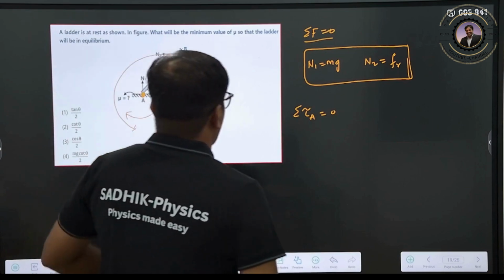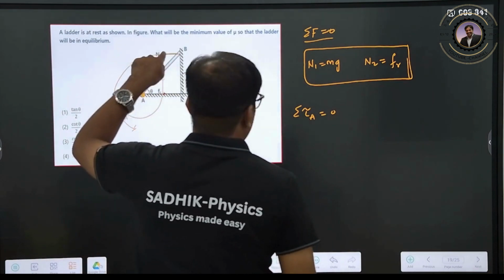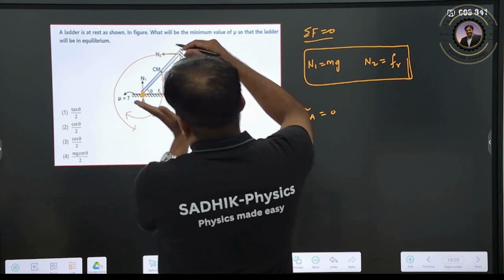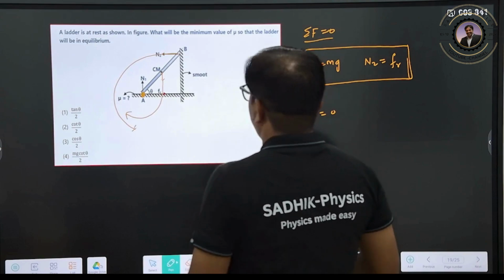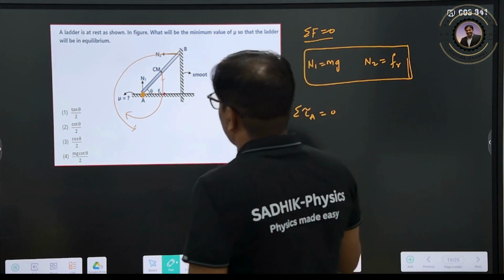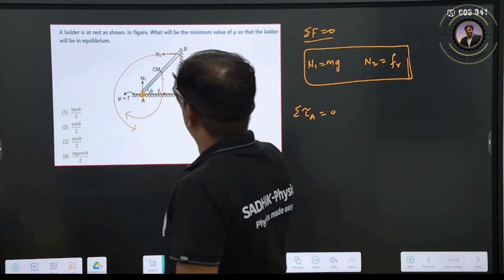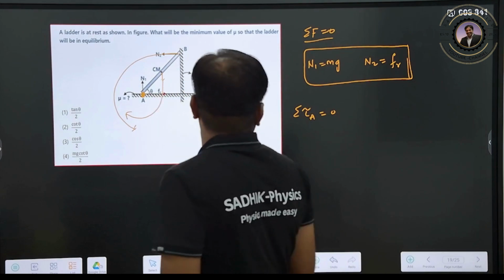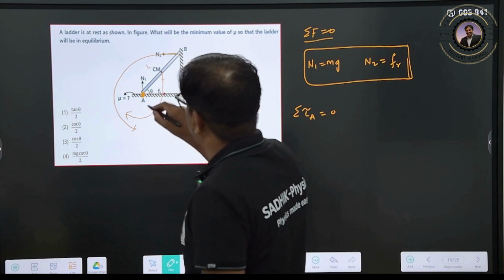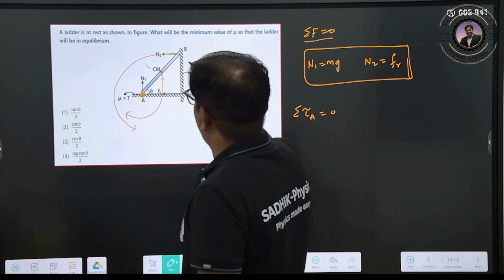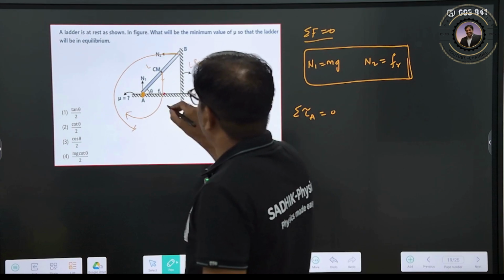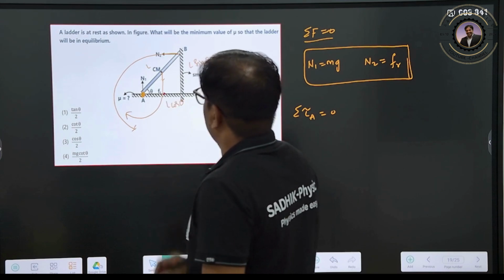What is the distance for n2? The perpendicular distance. Suppose the total length is L. This perpendicular distance is the opposite side, so it is L sin theta, and this one is L cos theta, clear?